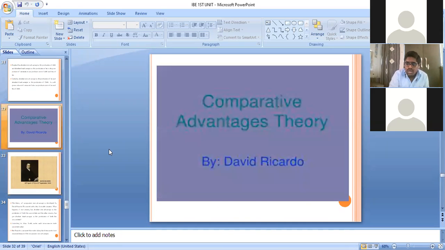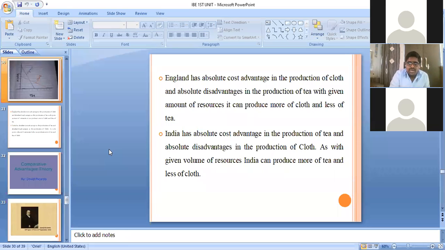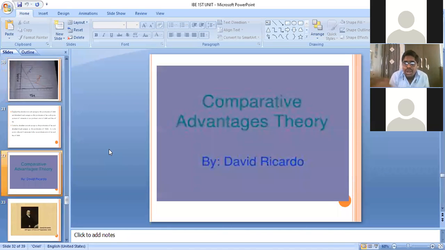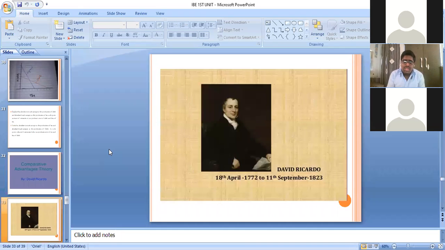Adam Smith has talked about the absolute advantages theory. Next, in the comparative advantages theory, he has talked about comparative decisions. In both theories they have talked about labor, and there is no transportation cost. Both theories are easy, but we should show the possibility curve. It is very important.